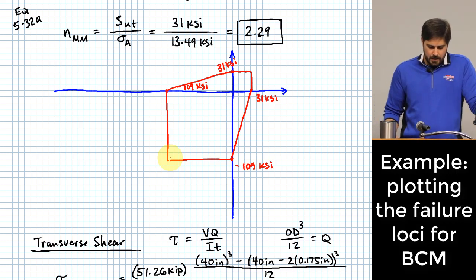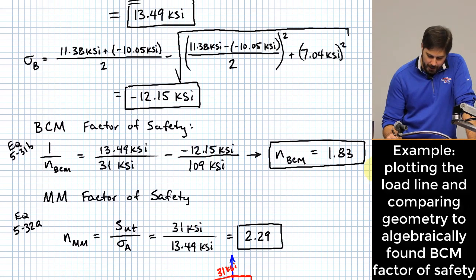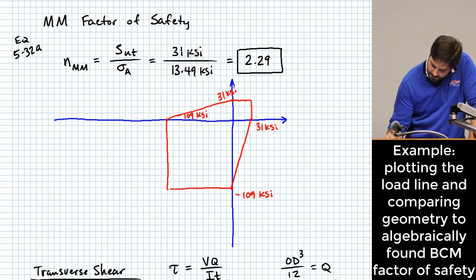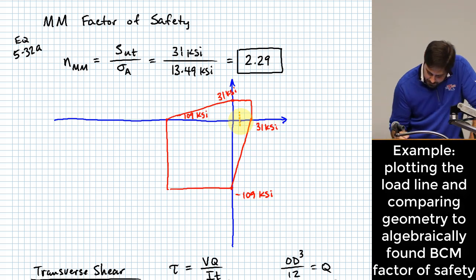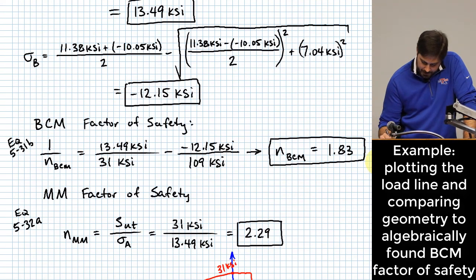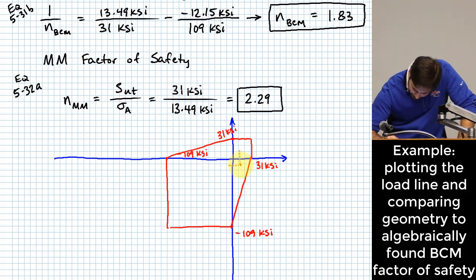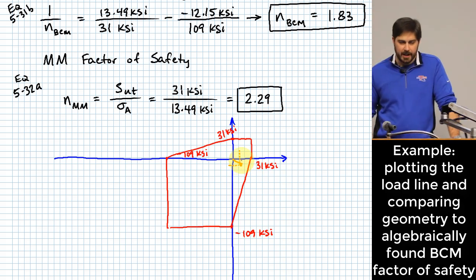Then I need to plot the load line, which I will plot with a positive 13.5 or so ksi to the right, and then I have negative 12.15. So there's my load line.